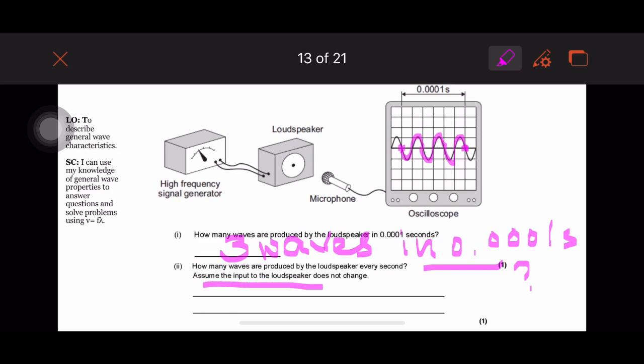Assume that the input to the loudspeaker does not change, because loudspeakers actually change the frequency of a sound. It will make it more, no, less, and then the amplitude also will change. It will make it louder. Now assume that it won't change.